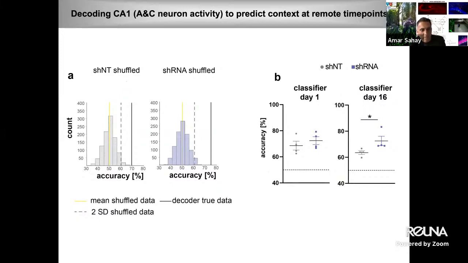Finally, Hannah trained a classifier on these A and C neurons. These A and C neurons also show a difference in level of activity, and that was used to train the classifier. And what she found was that training the classifier on the activity of A and C neurons in CA1 at the remote time point resulted in greater prediction accuracy of context relative to the controls.